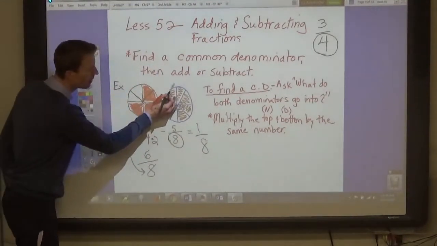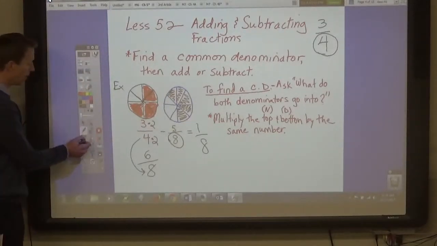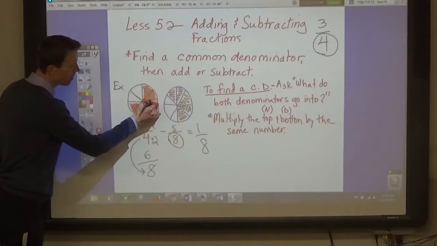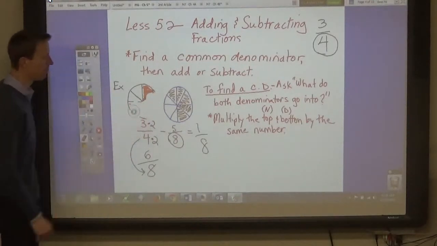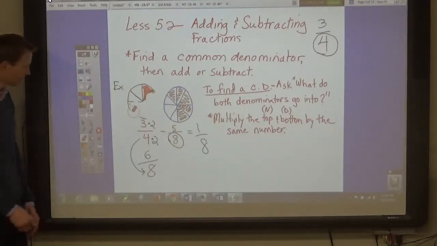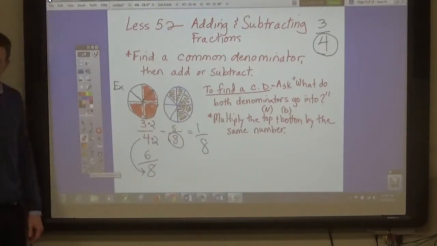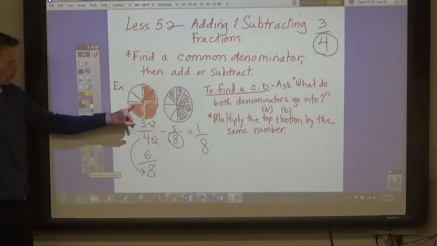One of these small pieces left. Okay? Or if I were just to erase these, we'd have 1/8 left. Does that make sense? Take away 5, 1, 2, 3, 4, 5, we'd have 1 piece left.